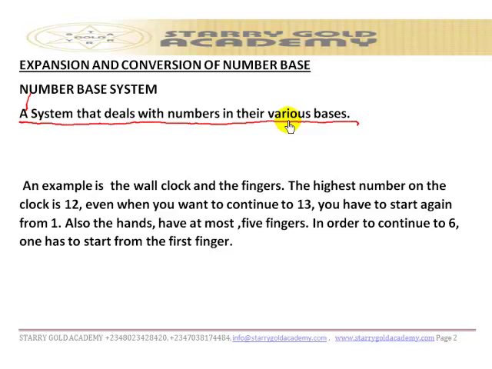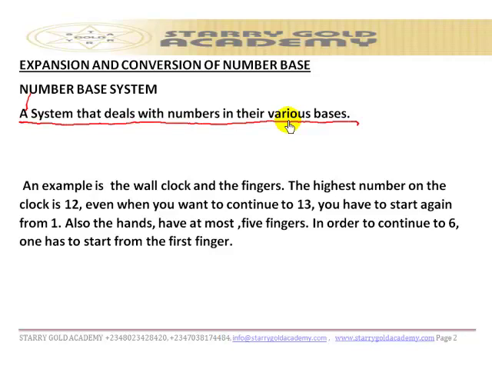So it means the clock operates by a number in base 12. Yeah, it's 12 because the highest number you have is 12. Once you get to 11, you're back to 0.